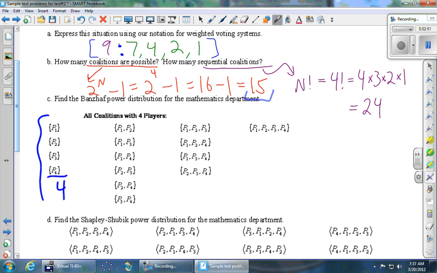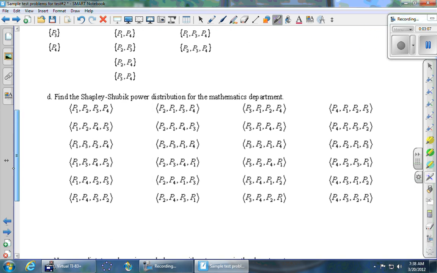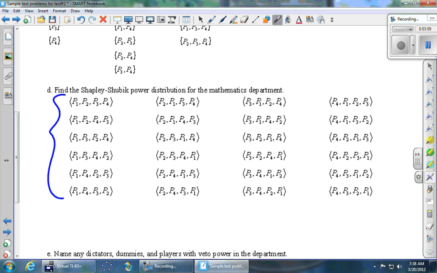There are 4 singletons, and then looks like 6 pairs, and then 4 triples, and then the single coalition of everybody. So 4 and 6 and 4 and 1 is 15. So that's that 15. And then the 24, we'll find down here, the list of all the ordered coalitions of all 4 players. And if you count all of these things up, you will find 24 things in that list.